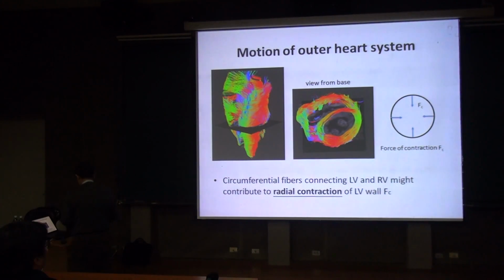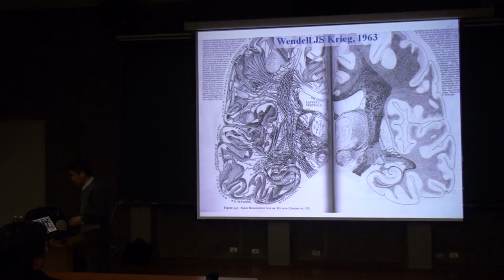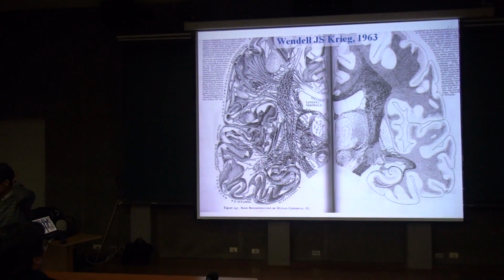So this is the heart. And then we turn to the brain. The brain has another challenge. As you can see here, the fibers in the brain are very complicated. They actually crisscross each other, right?